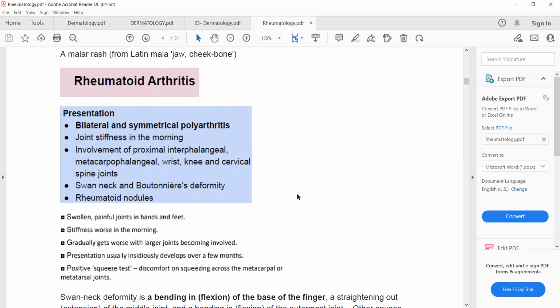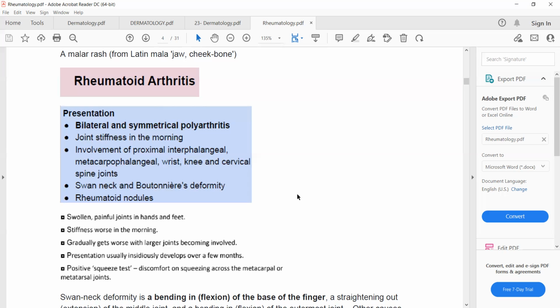So SLE can present with bilateral and symmetrical polyarthritis as well. Similarly, rheumatoid arthritis can present with these joint features as well. But in rheumatoid arthritis, the involvement of joints is more common, while in SLE, other features can also be present.